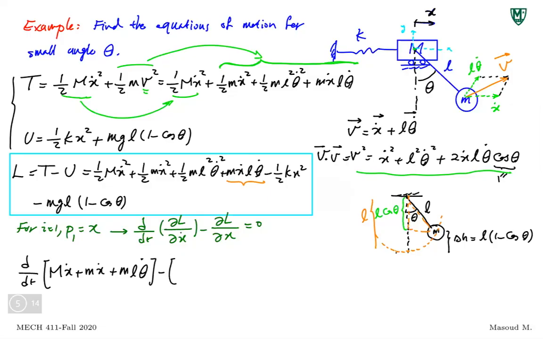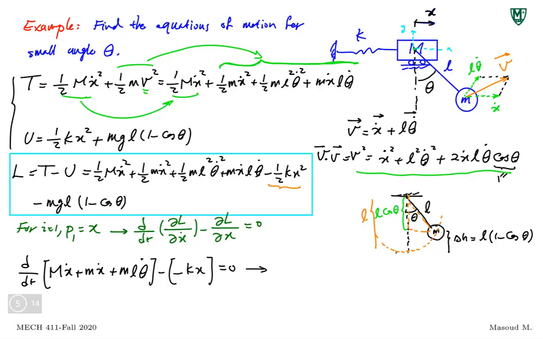Minus, let's take the derivative with respect to x from our Lagrange function. The only thing that has x is this term right here. If I take the derivative with respect to x, this becomes minus kx, equal to 0.